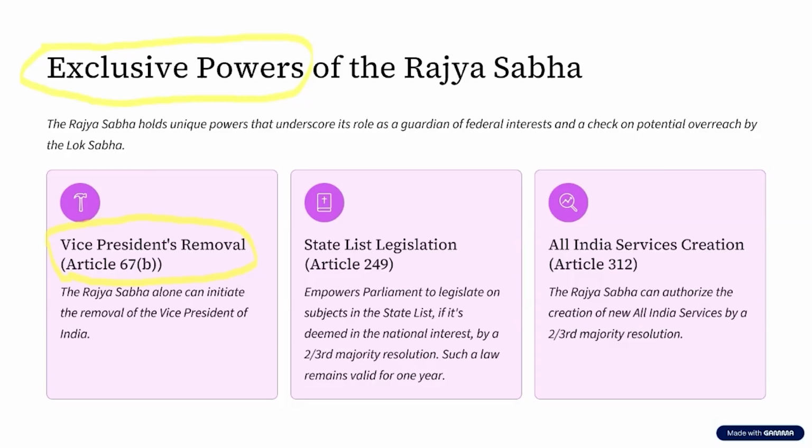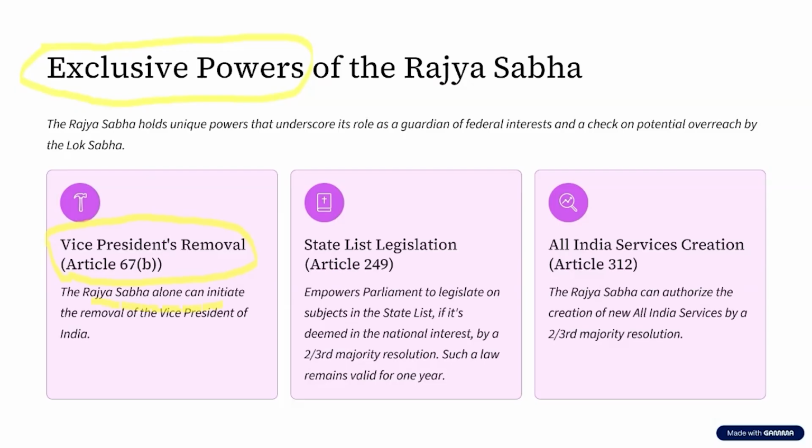So if tomorrow a removal procedure has to be initiated for the vice president of India, it has to be agreed by both Lok Sabha and Rajya Sabha. But who can initiate this? It can be initiated only by the Rajya Sabha.